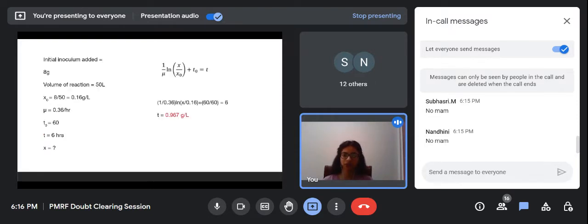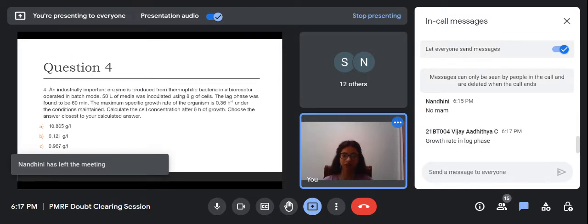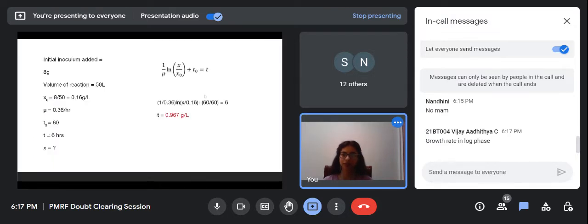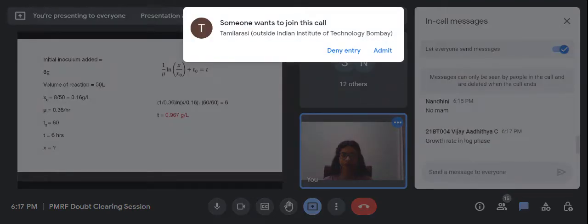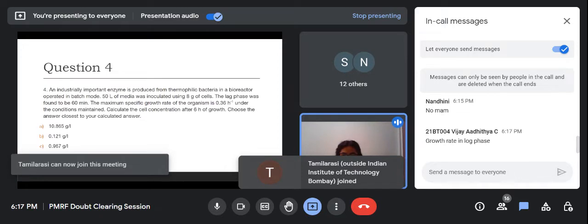Okay, so on the left hand side is what is given to us. The initial inoculum added is 8 grams, right? Like you would see here, 8 grams of cells were inoculated. And the volume of the reaction is 50 liters, because 50 liters of media is used.